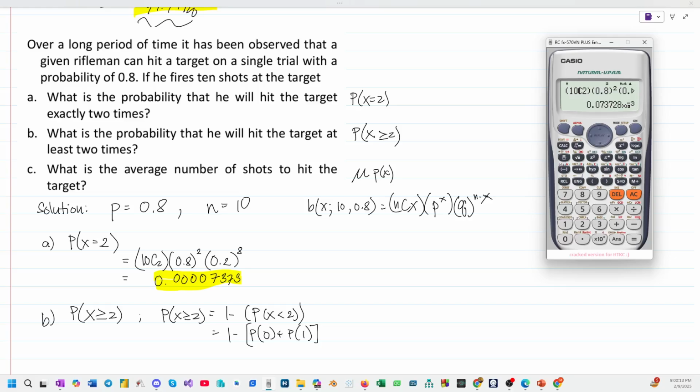So, kunin muna natin yung probability of x equals to 0. 10 combination 0, 0.8 raised to 0, tapos 0.2 raised to 10.